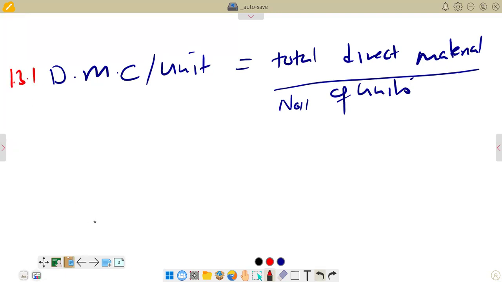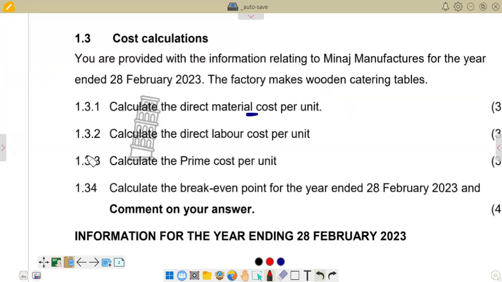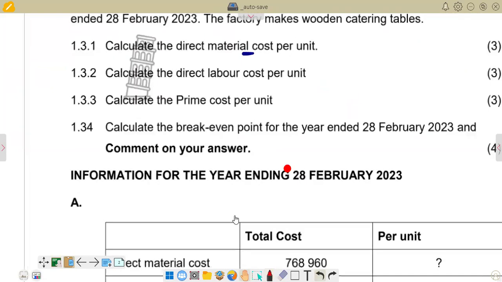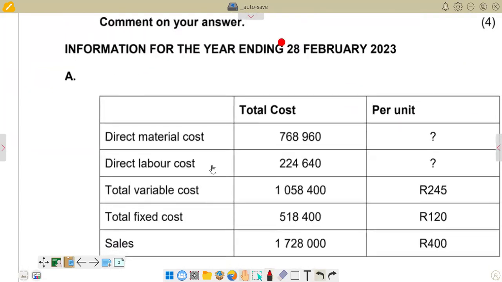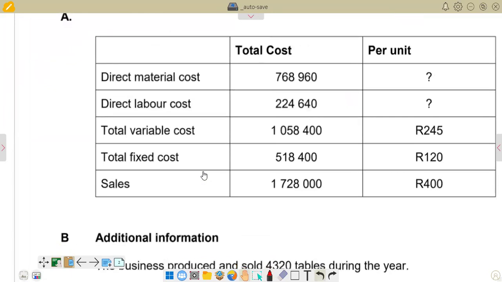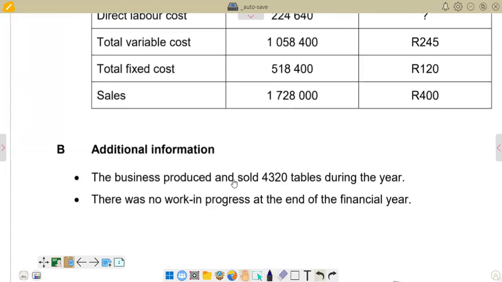So we go back and find the information: the total direct material cost, and then the number of units. If you read the question, the total direct material cost this year is 768,960. For the number of units, information point number 1 says the business produced and sold 4,320 cables during the year.